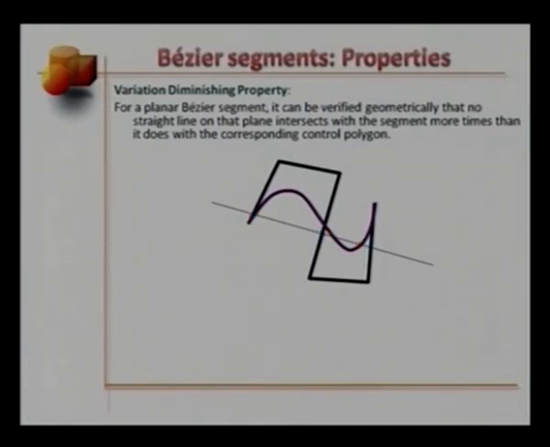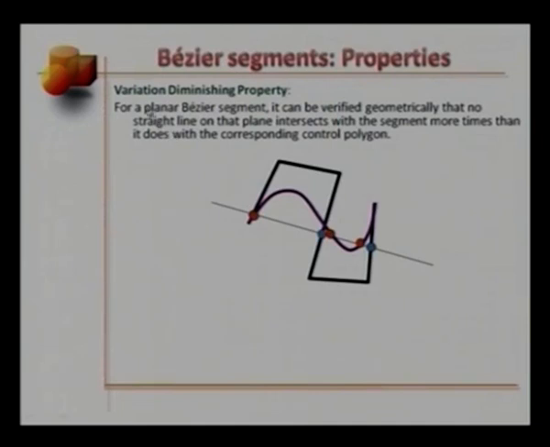Once again, the blue circles are the intersection points between the control polyline and the intersecting line, and the red circles are the intersection points between the Bezier segment and this line segment here. What do we notice? We notice in this example that the intersection points in both cases in number are the same. 3 blue circles and 3 red circles.